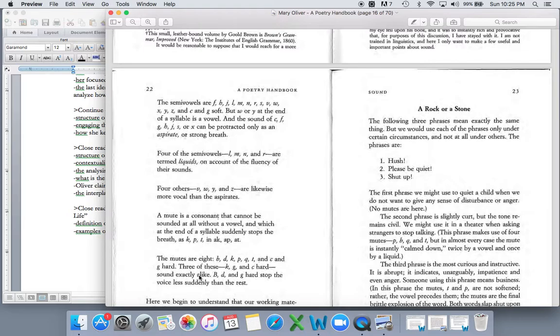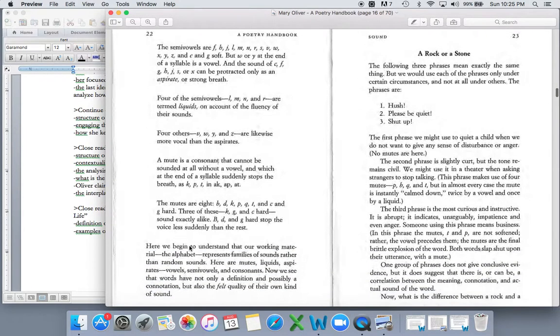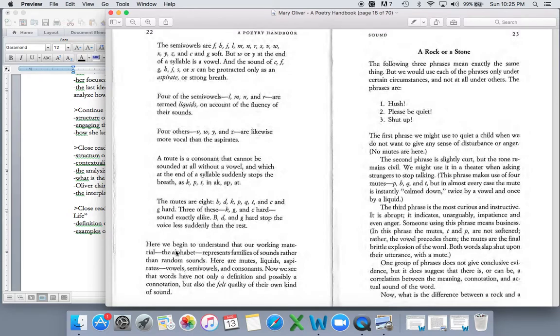So that's an interesting thing to point out as we move into looking at her examples, that she shifts out of her definition and then moves into the examples. She begins her examples by not talking about poetry at all. She's already introduced us to the rock and the stone idea earlier, and she'll get back to it.